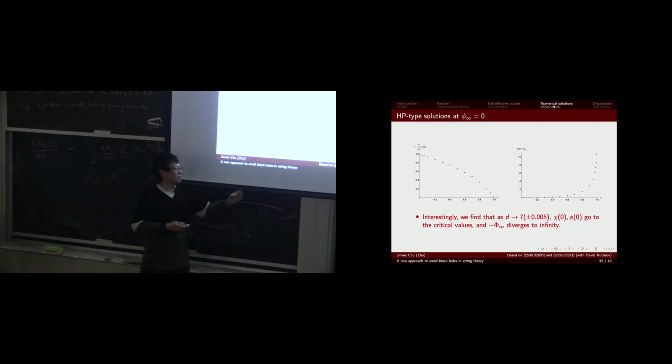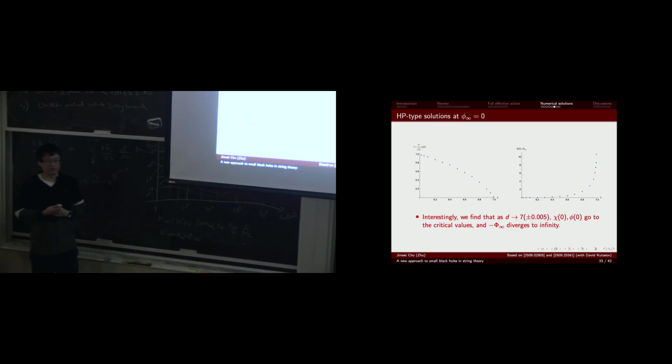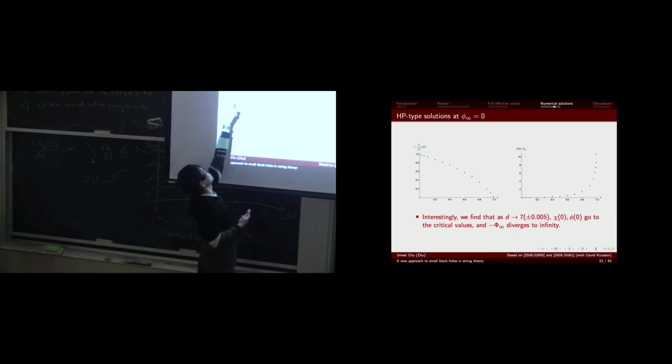And by the way, there's some numerical uncertainty, which is pretty small. So at this critical dimension, as d approaches 7, we can see that chi0 goes to the critical value where both the kinetic term and potential term diverge. So this chi0 goes to square root 2 over pi.